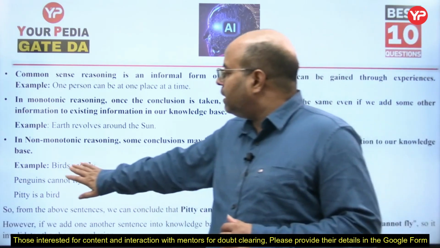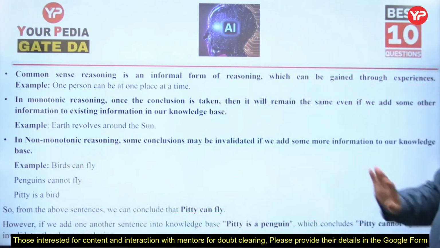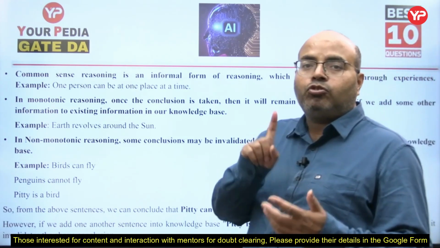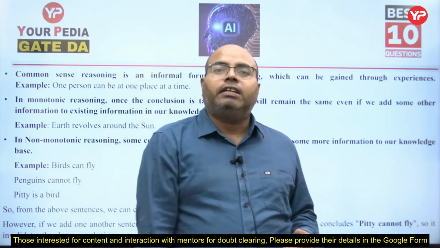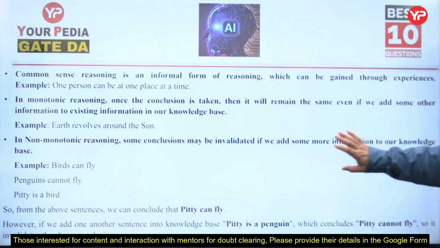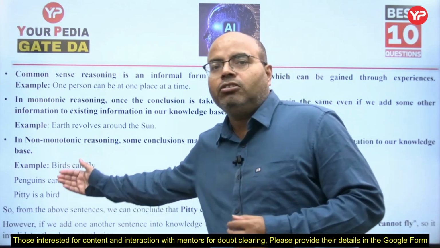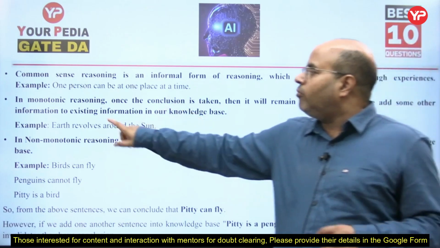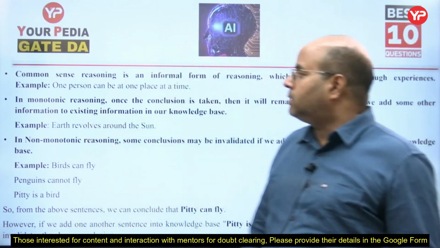On the basis of general reasoning, birds can fly, we will say Pitty can fly. But if information comes that Pitty is actually a penguin, it's not a normal bird, then we will say Pitty can't fly. So it's not always true, some information we get and this changes, then it's non-monotonic reasoning. But earth revolves around the sun, whatever information you are getting, this will be true. So this is monotonic reasoning.